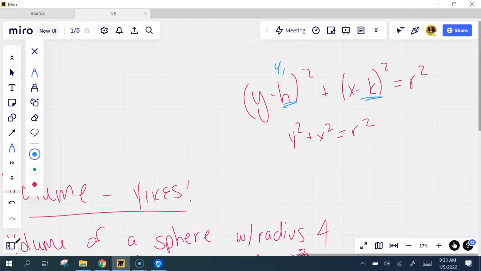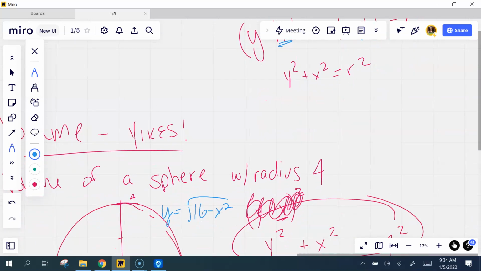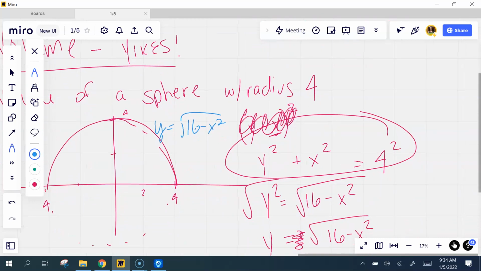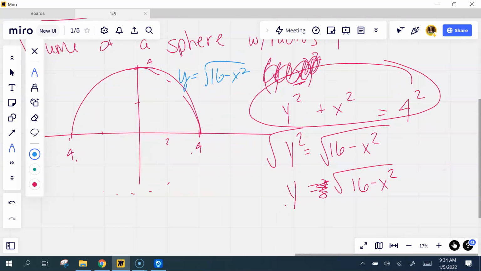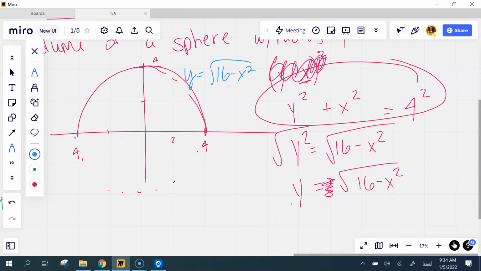This is like y1, this is like x, or I should say yc, xc. Your x center and your y center. But because it's 0, it made it a little easier. That's why I said I should have written y minus k and x minus h, because y'all are used to hk being. Oh, you mean flip sign-wise?